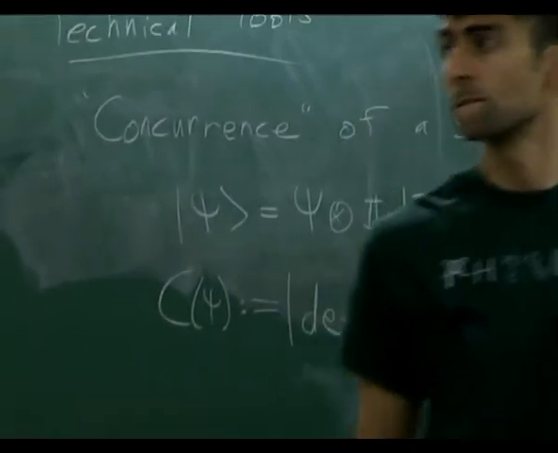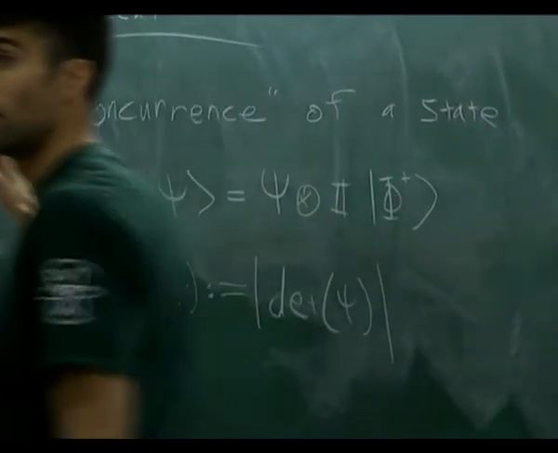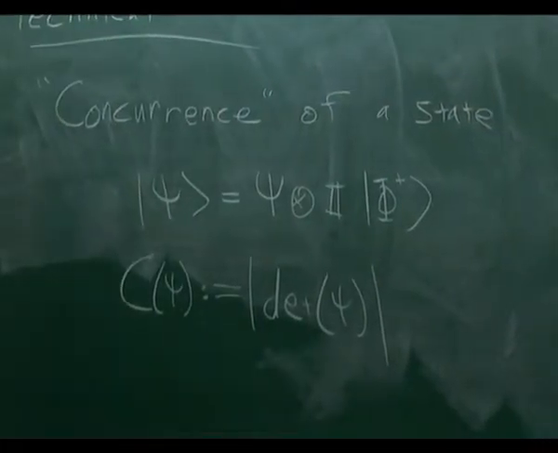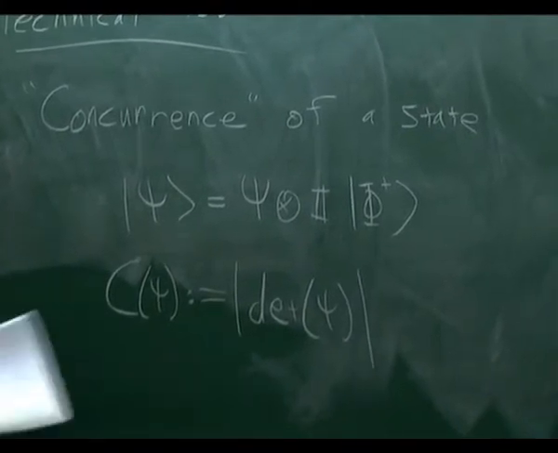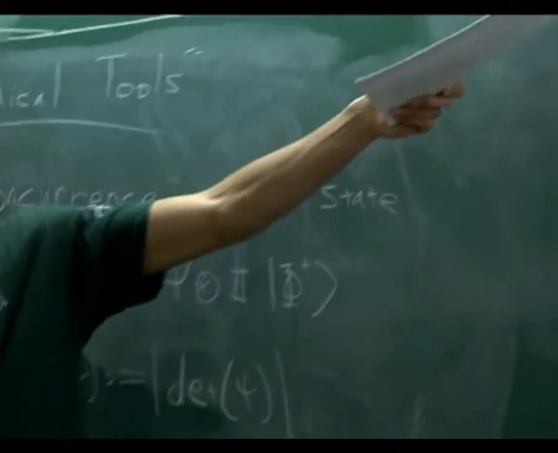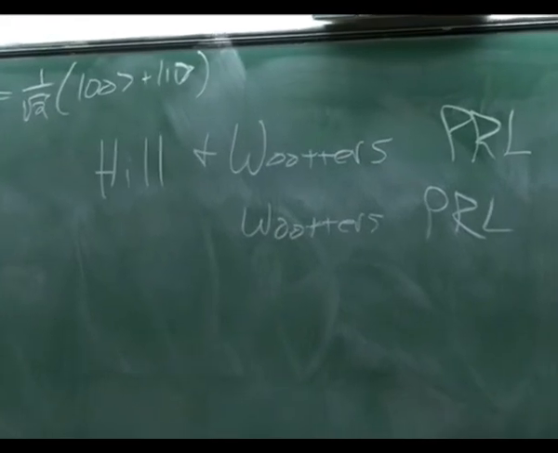Okay, but just some basic properties of the concurrence. First is that it is 0 if psi is a product state. Concurrence is bounded from above by 1. I have this square root of 2 here, maybe that's where you're getting that factor. Yeah, you're right, if we didn't have this normalization.